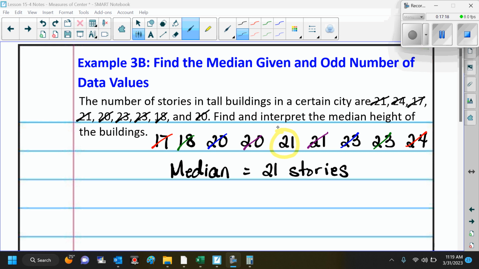Find and interpret the median height of the buildings. Again, the median is the middle number when the data is in order from least to greatest. So we need to put the data in order, and then you can find the middle number. You could also use that shortcut of dividing by 2 and adding 1. That's how we get to our 5th number in the middle, and that median is 21 stories.